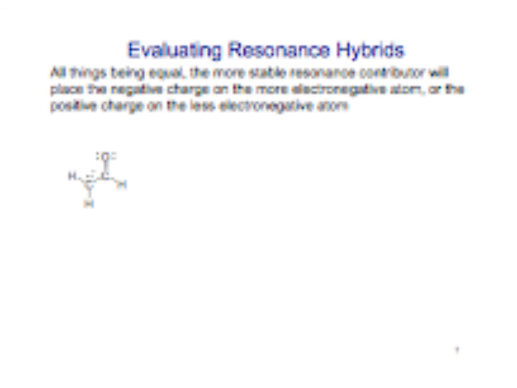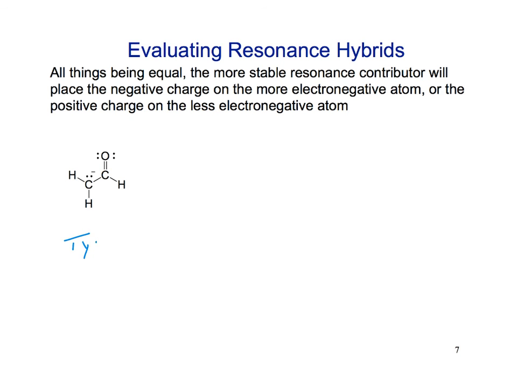So this is going to be type A, right? Because we have a non-bonding pair of electrons on an atom adjacent to a double bond. So we can move this pair down to form a pi bond, and these electrons can go up on the oxygen, and we can draw a new resonance contributor.